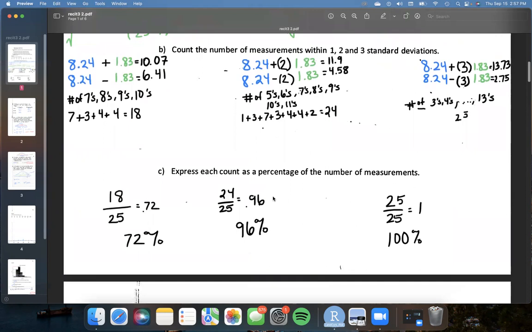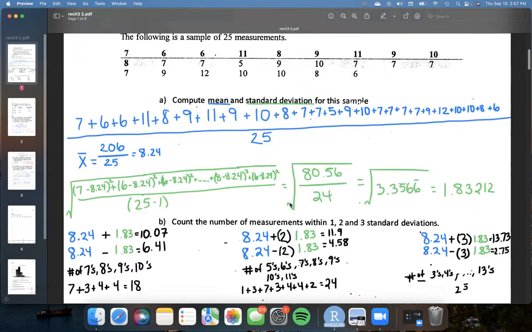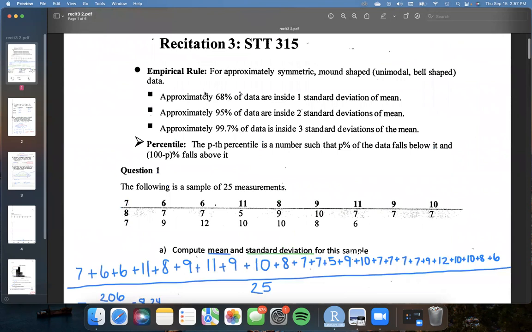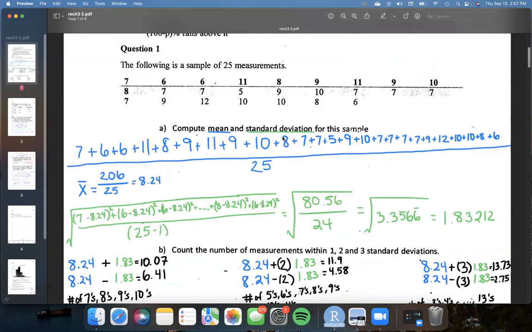All right. So now part D is we're going to compare these percentages to the empirical rule, which is listed above. So right here. So try to keep in mind for 1 standard deviation, it's 68, 2 standard deviations is 95, and 3 is 99.7%.